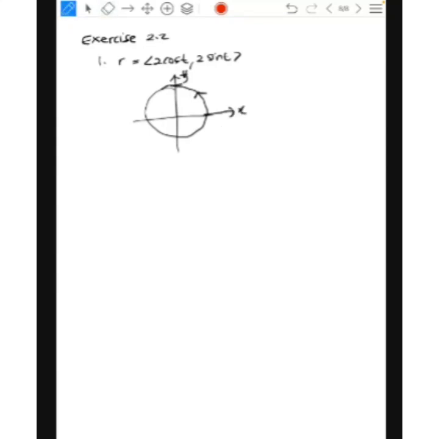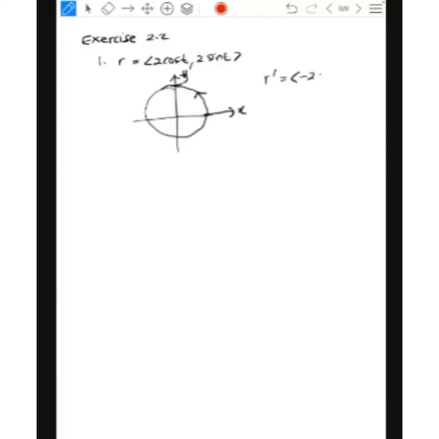Okay, but then the question asks us to sketch a parametric curve for r(t), then find and draw the tangent vector r prime. Okay, so we have already sketched the parametric curve here. Now we have to find the r prime pi over 6. So before you find the r prime pi over 6, you have to find the r prime t. Okay, just differentiate it first.